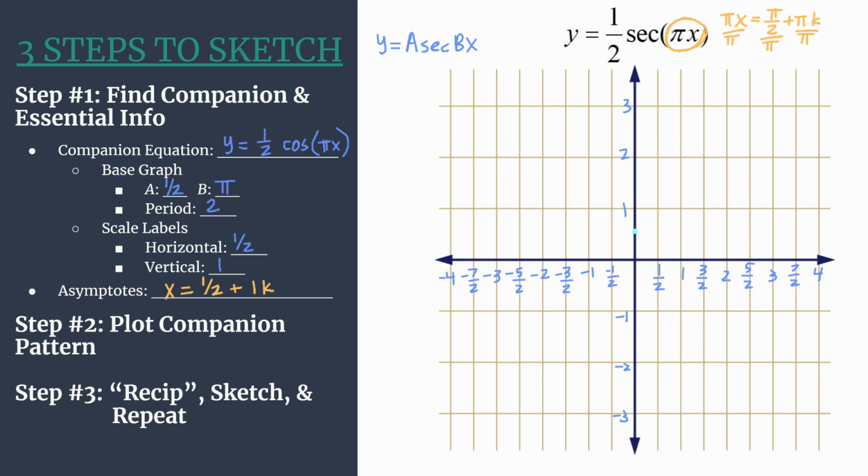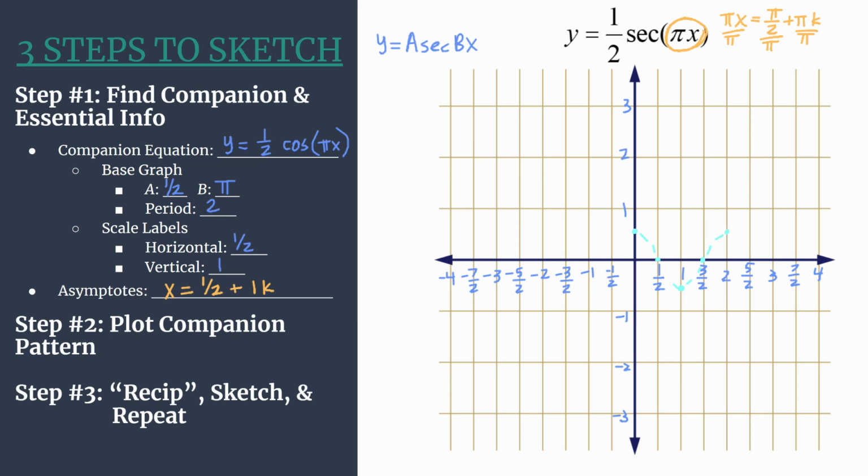At the first horizontal tick mark moving right, we should have an x-intercept. Moving on to the second horizontal tick mark, we should have our minimum, and that occurs at the opposite value of A for the y-coordinate. Another x-intercept at the next horizontal tick mark, and then you would repeat. So here you've graphed one cycle of the companion equation, y equals 1/2 cosine pi x.